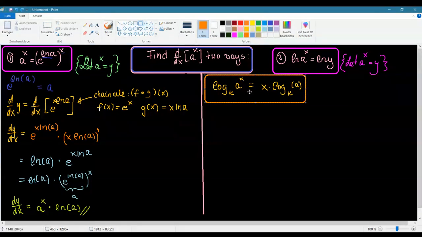So that means that we can actually just take this x in front of the ln a.